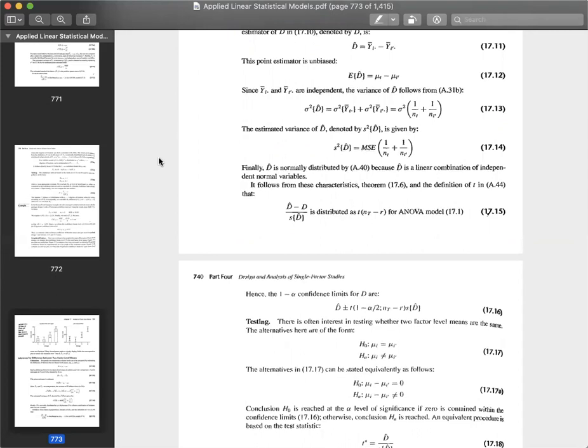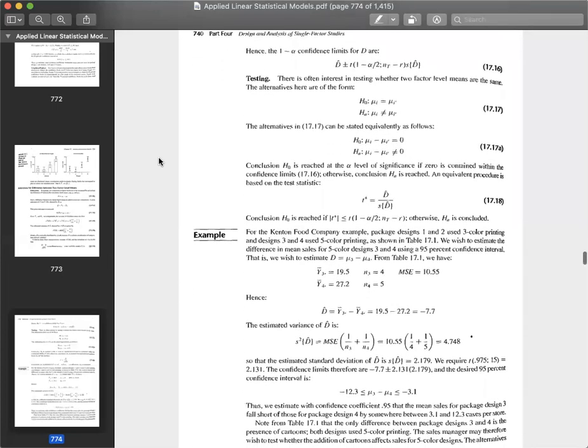It follows from these characteristics, theorem 17.6 and the definition of t, that D hat minus D over s of D hat is distributed as t of nt minus r for the ANOVA model 17.1. Hence, the 1 minus alpha confidence limits for D are D hat plus or minus t of 1 minus alpha over 2, nt minus r times s of D hat.